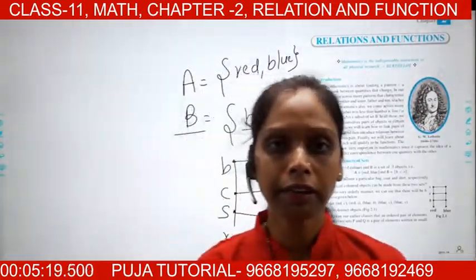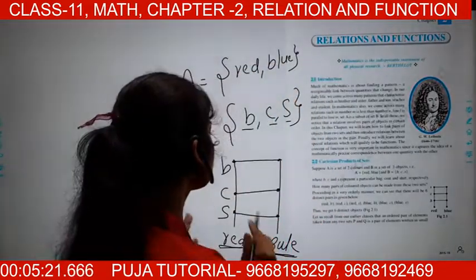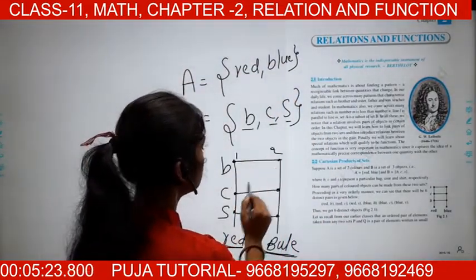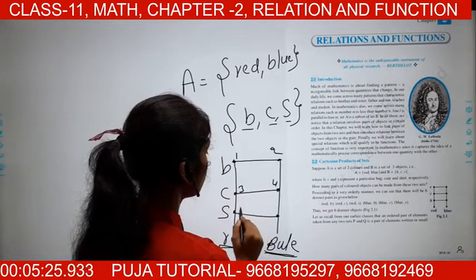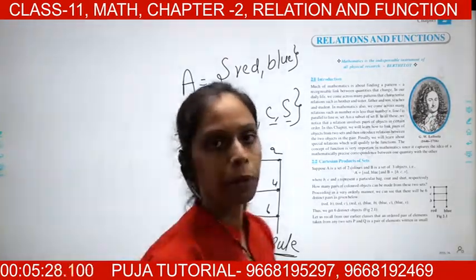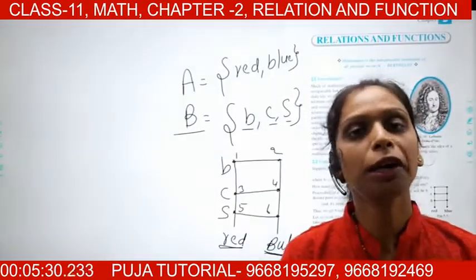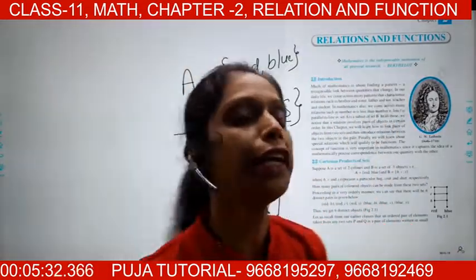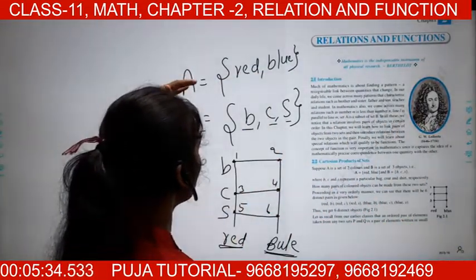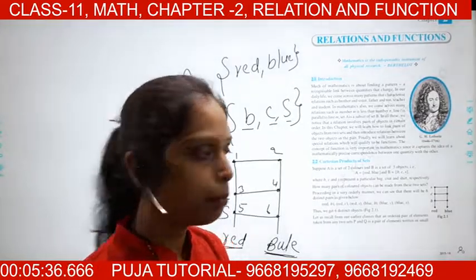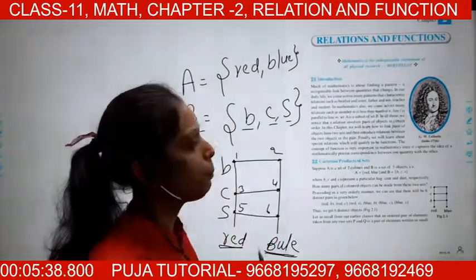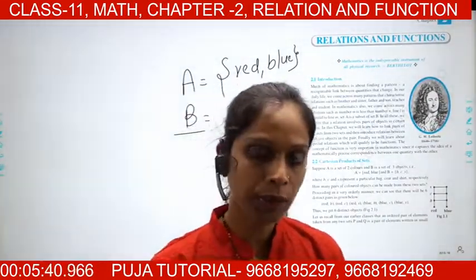Then what do we get? We get 1, 2, 3, 4, 5, 6 possible conditions related to the two sets A and B. This is a pictorial representation.